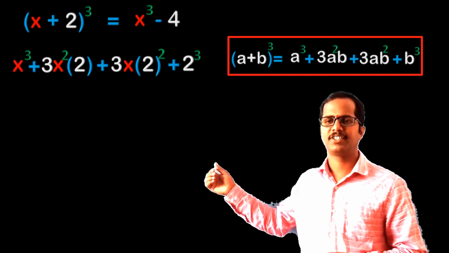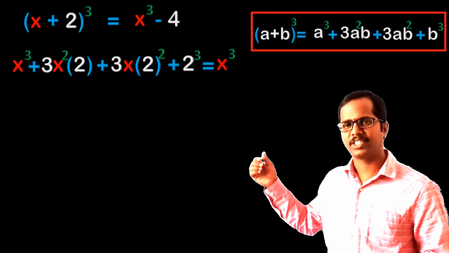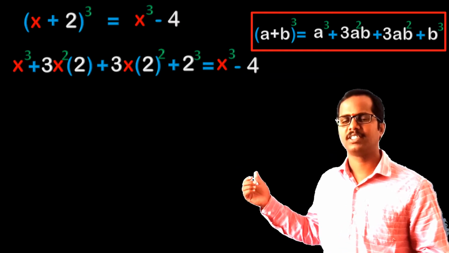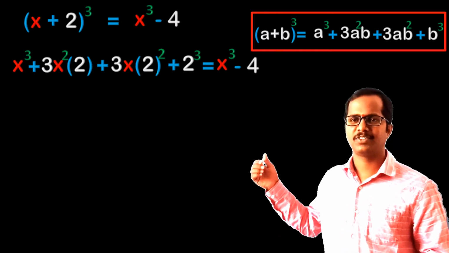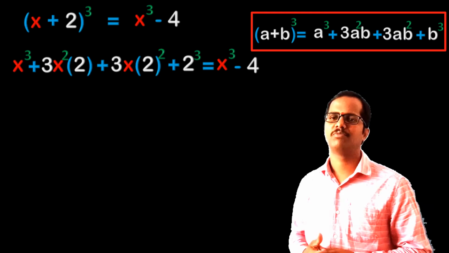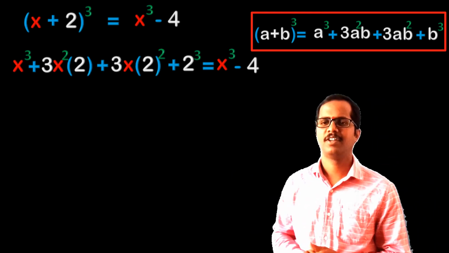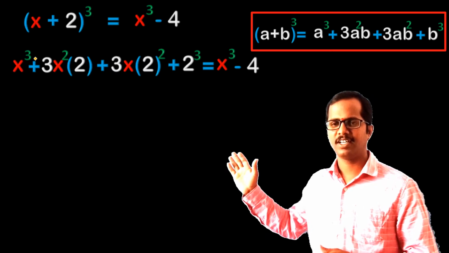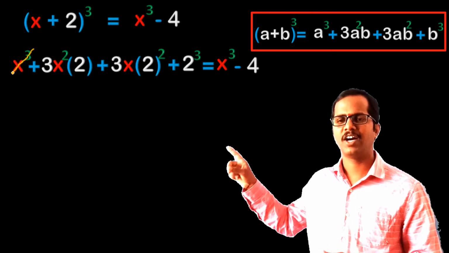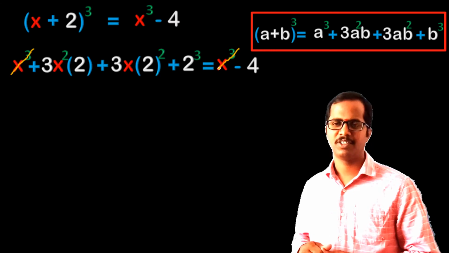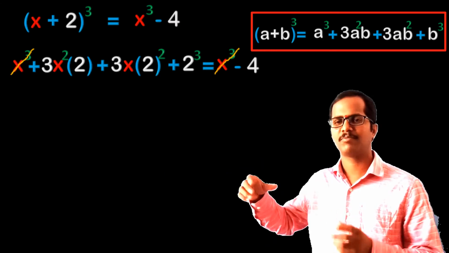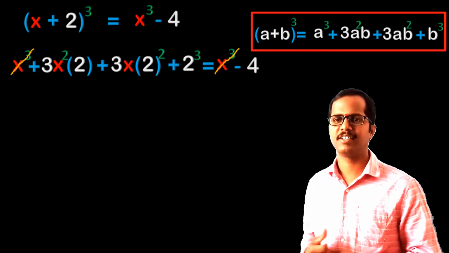So we write x cube plus 3 into x square into 2 plus 3 into x into 2 square plus 2 cube, which equals to x cube minus 4. Now here if you observe this equation, on both sides we have the equal term, that is x cube. So we can remove that equal term from both sides, means we can cancel them.